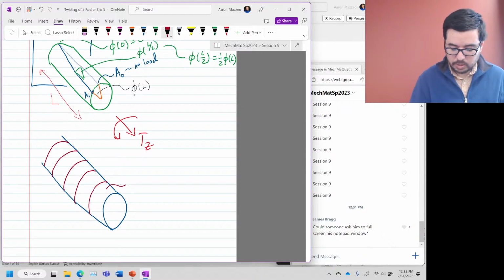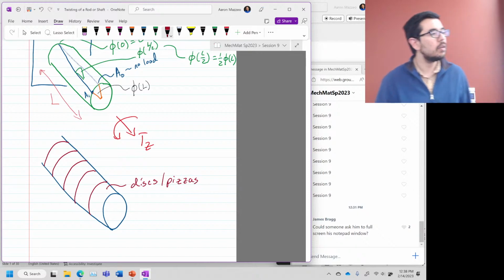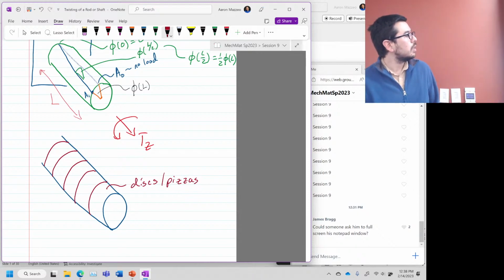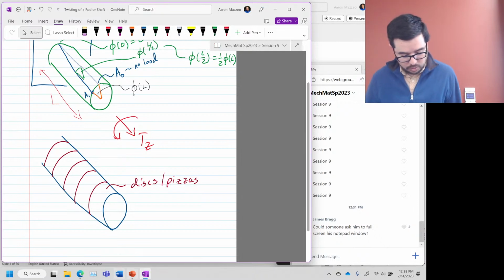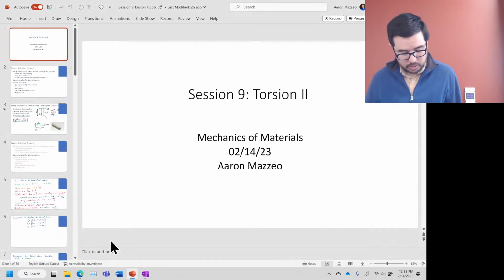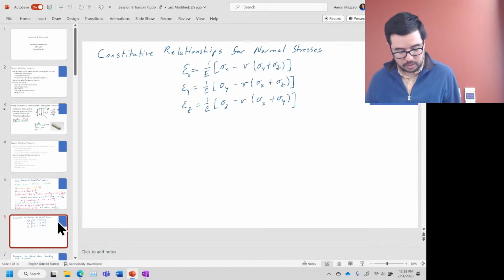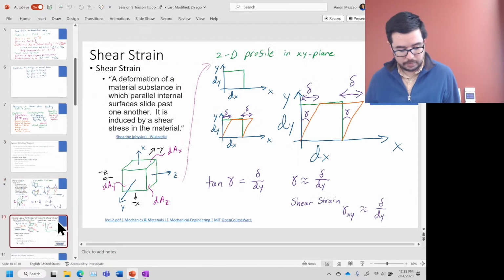These are disks, or I like to think of them as pizzas. And I think if you look in the notes that I uploaded, I think yes, I did, of course. I was hungry when I was doing this yesterday.